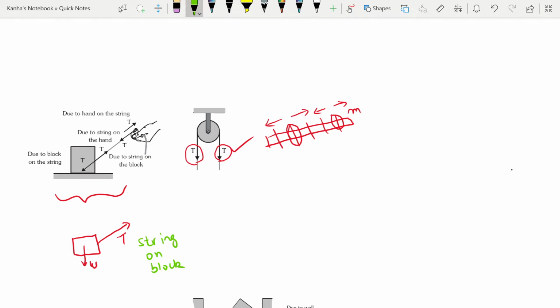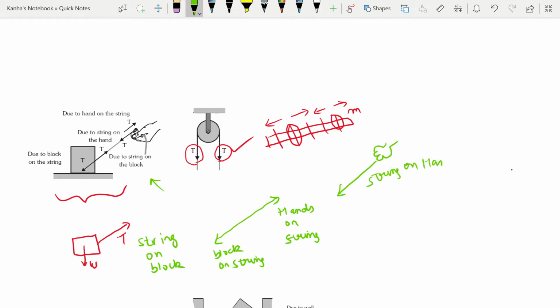Now let me consider the string, and this is my string, and it is being pulled by both the ends. So there is a force of hand on string, and there is a force of block on string. And similarly, if I draw it for the string close to the hand, this is the hand, this is the force of string on hand, each are tension forces.